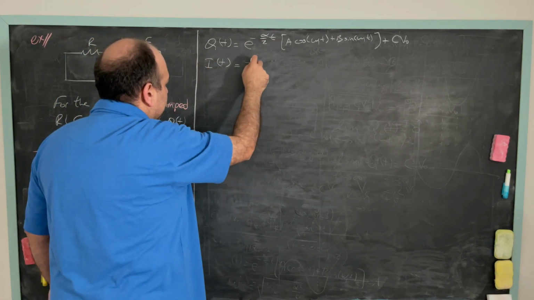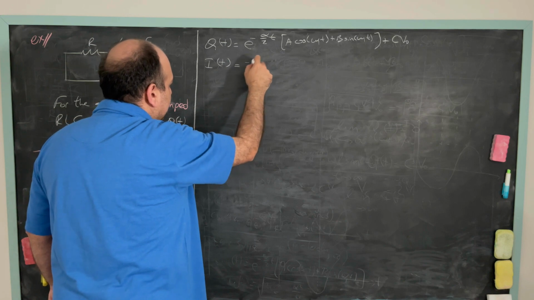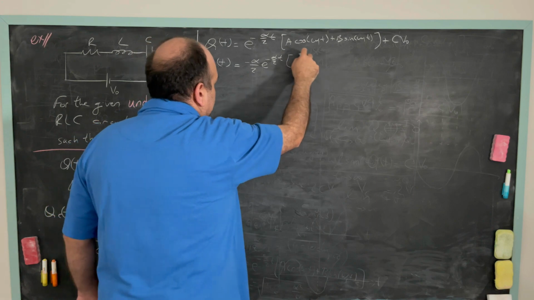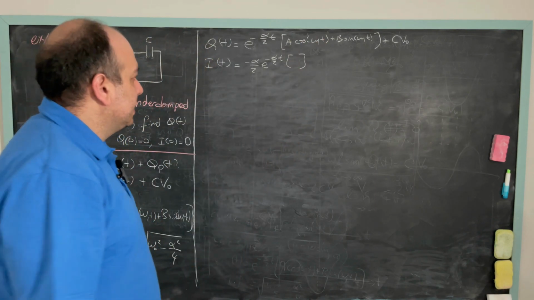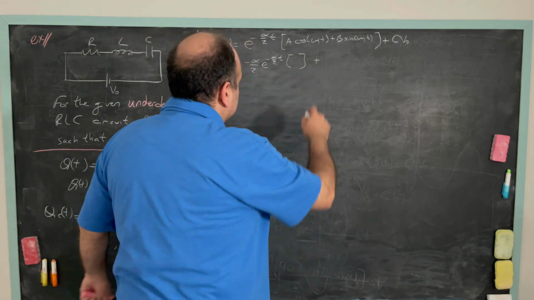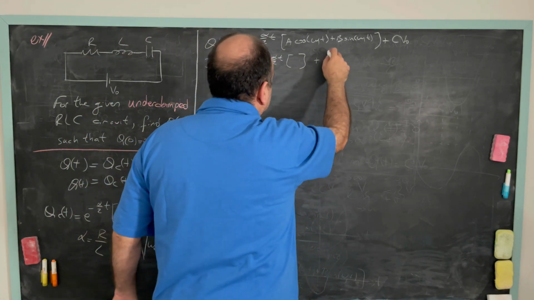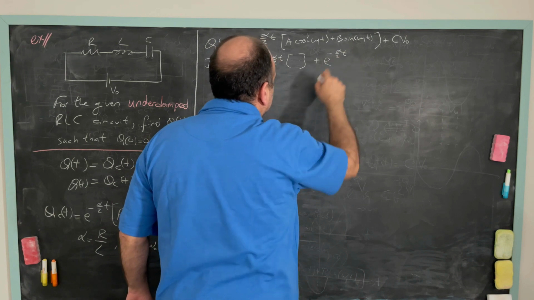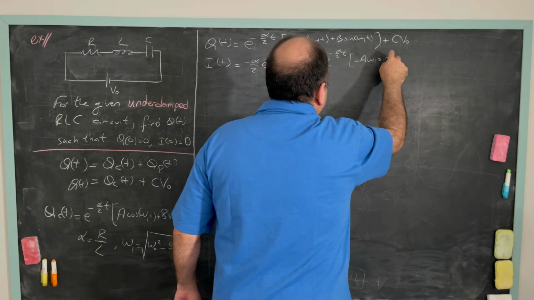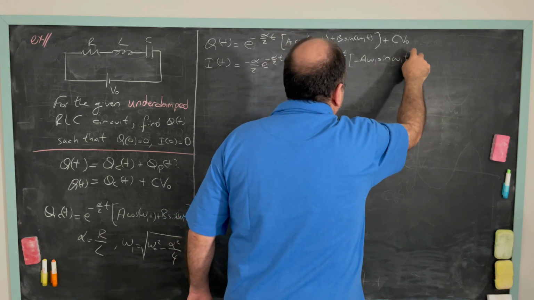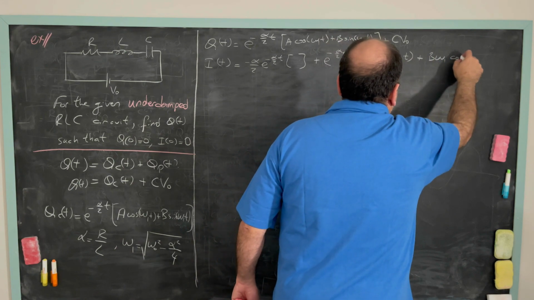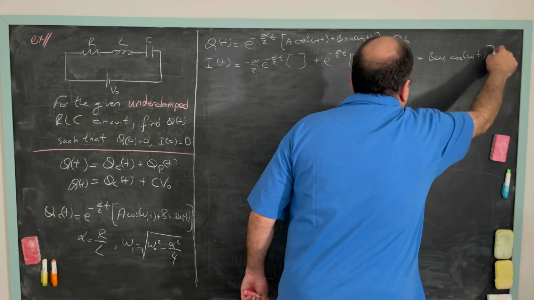The derivative of the first term is minus alpha over 2 e to the minus alpha over 2t times the term in the square brackets, plus the derivative of the second term times the first, which is e to the minus alpha over 2t times minus A omega 1 sine omega 1t plus B omega 1 cosine omega 1t.